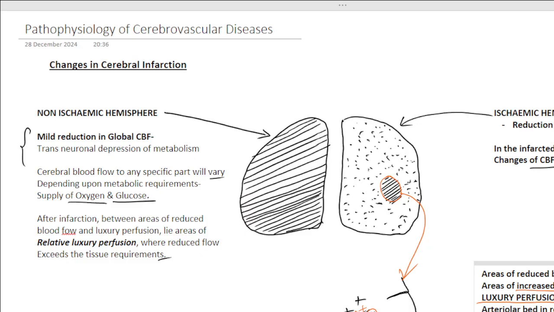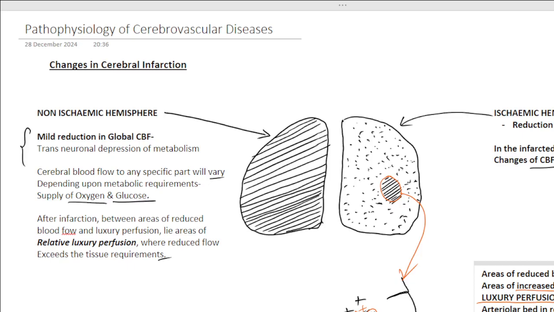The changes in regional cerebral blood flow, what we were talking about, are quite transient and revert to normal within days of onset. But the degree of disturbance of regional cerebral blood flow actually correlates with the outcome.